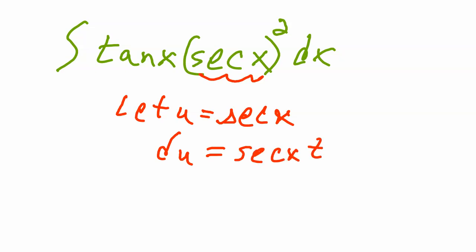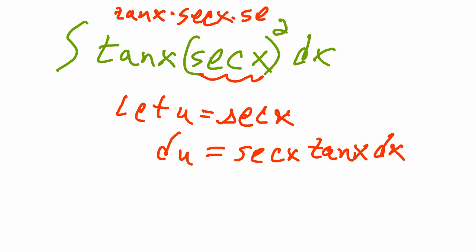Then what's du equal? Derivative of secant is secant tangent. So it's secant x tangent x, and then what did we do in this section? We're writing the dx on the right side. So instead of du dx on the left, I just put the dx on the right. And then what do you notice? I've got 2 of these. This is like tangent x, and then secant squared is secant x times secant x, right? And then dx is what I got.